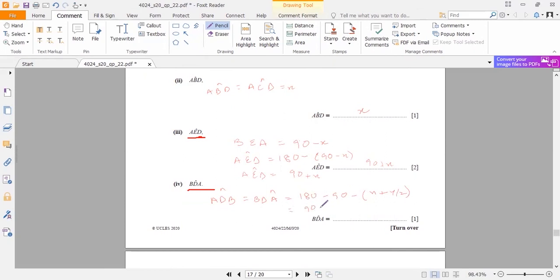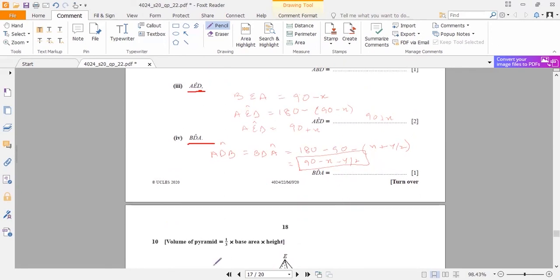If I open the bracket, it is 90 minus X minus Y upon 2. This will be the answer. So this is the end of question number 9.